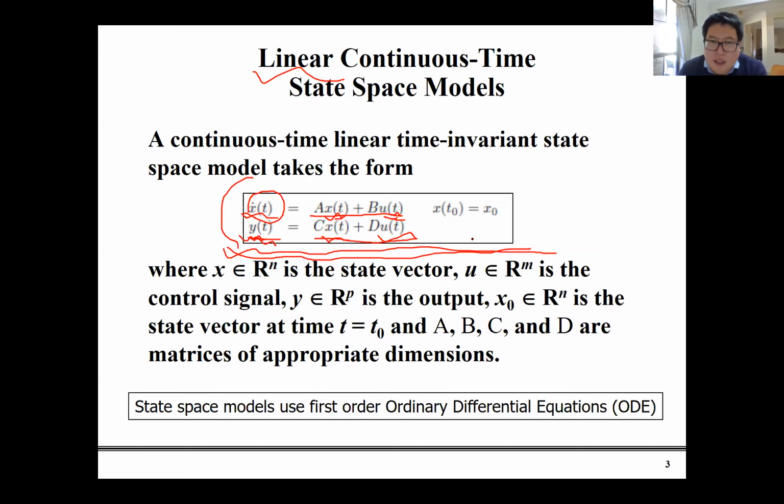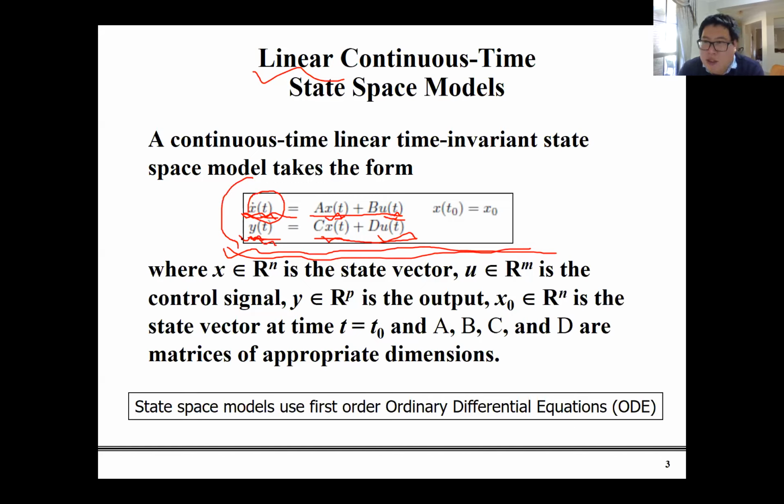And again, because it is continuous, you can calculate the derivative. If it's not continuous, you can't calculate the derivative. So in this case, you can calculate x dot. The x dot is equal to Ax plus Bu, which means x dot is a linear function of x and u.